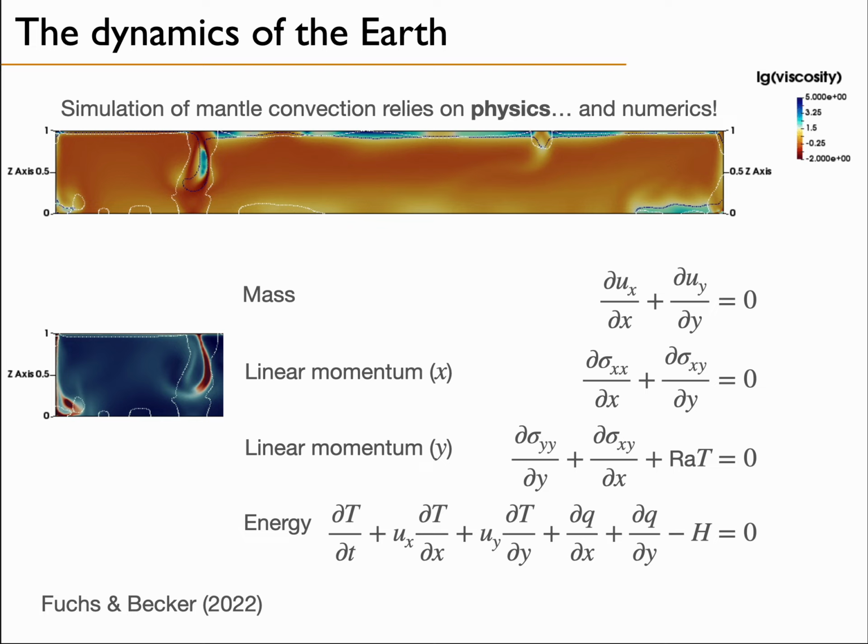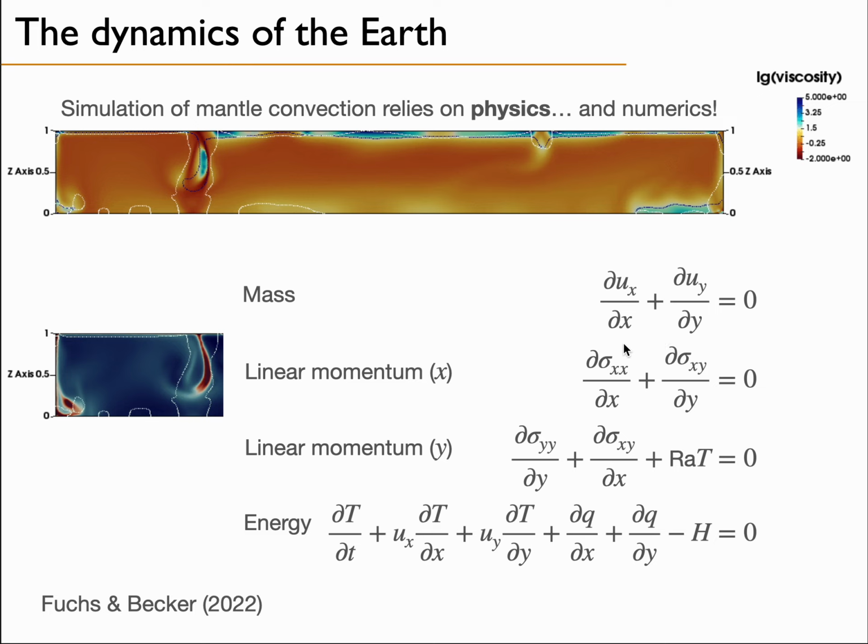Here's an example of equations. For such type of models, we need to couple mass conservation with momentum conservation here in 2 dimensions and energy conservation. What is important to realize right now is that these are very specific forms of conservation equations, including several assumptions. So for example, here, incompressibility of the flow.